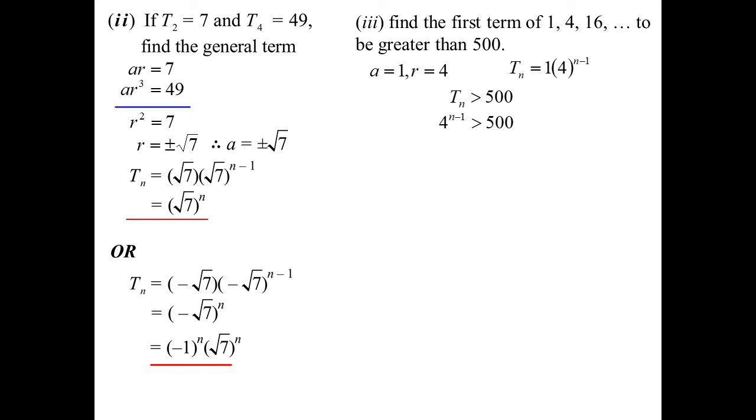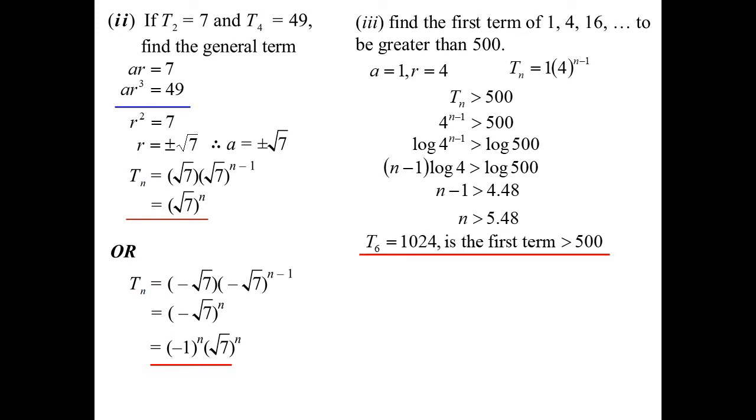Now, we could just guess numbers here and substitute in and see what happens, but it's more efficient to use logs here. We've got an exponential, so to undo the exponential, log both sides. That allows me to bring the n minus 1 power to the front, divide both sides by log 4. I get n minus 1 is greater than 4.48, so n is greater than 5.48.